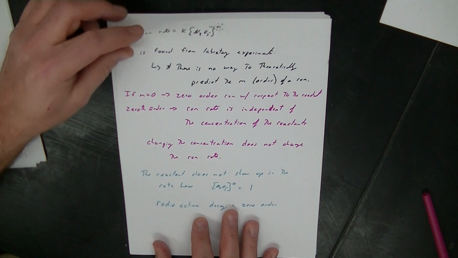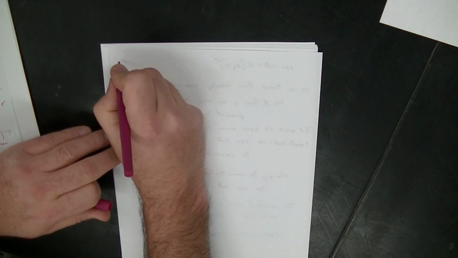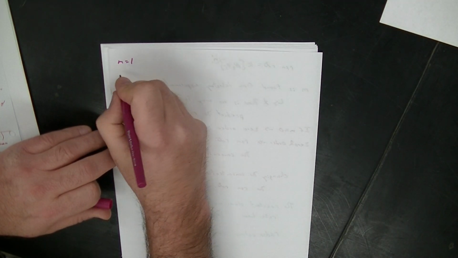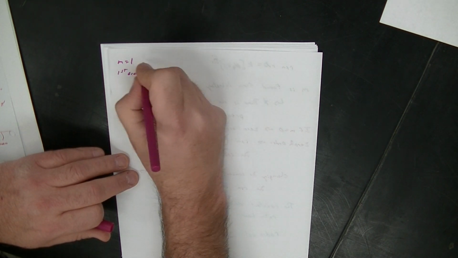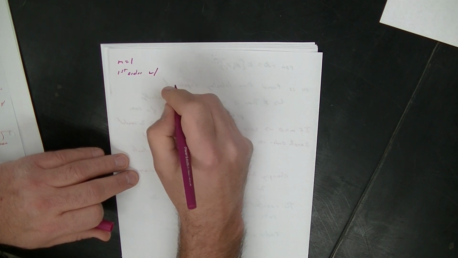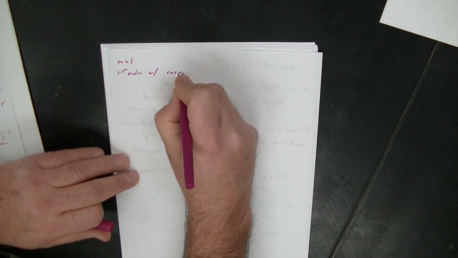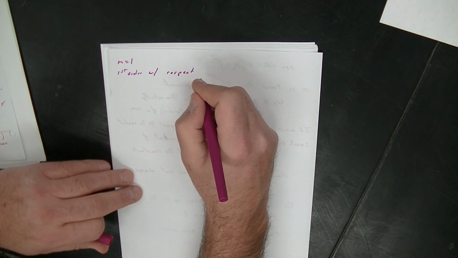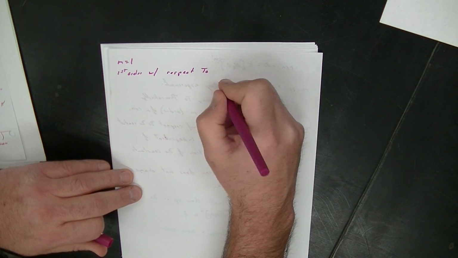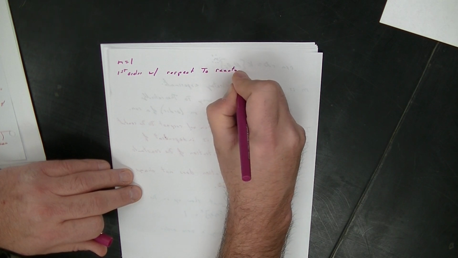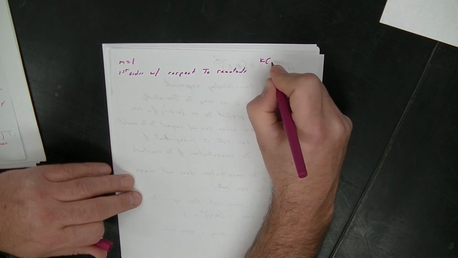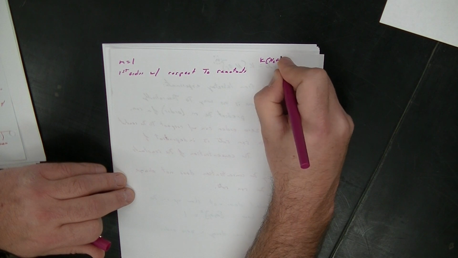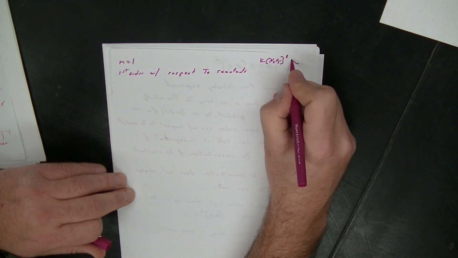All right, so this is if the order equals 0. Well, what if the order equals 1, which is also considered to be first order with respect to reactants? So in this case, K times N2O5 to the first, our exponent would be 1.